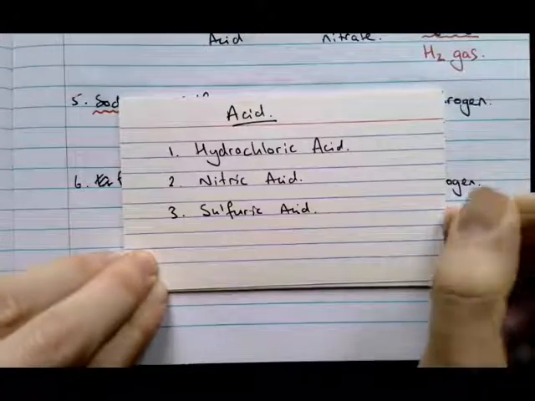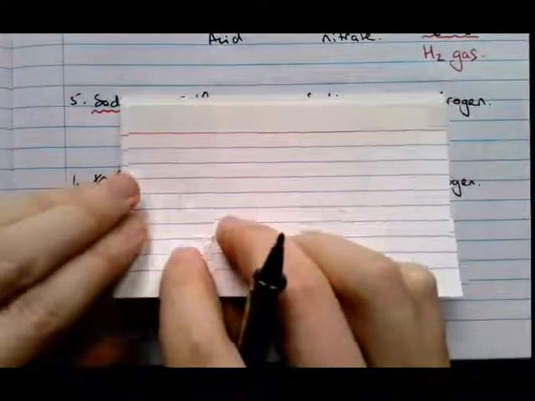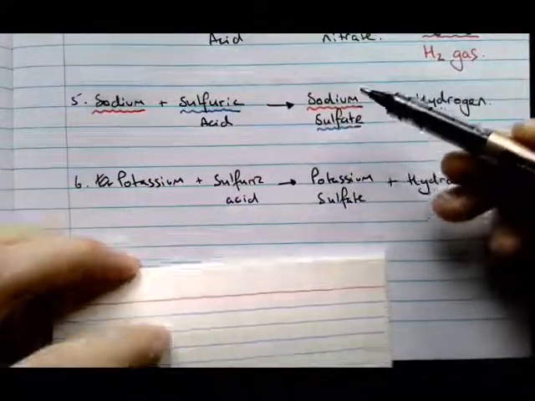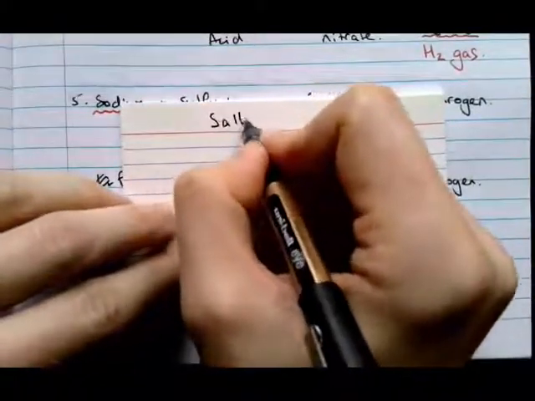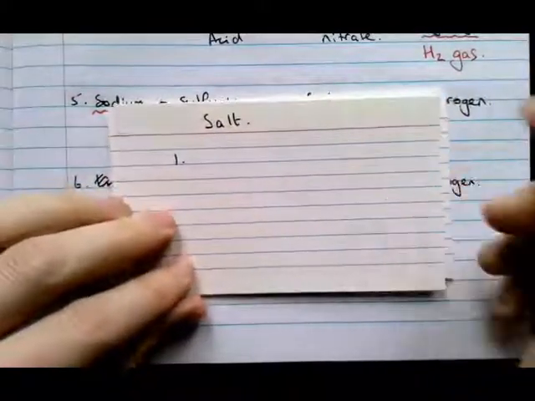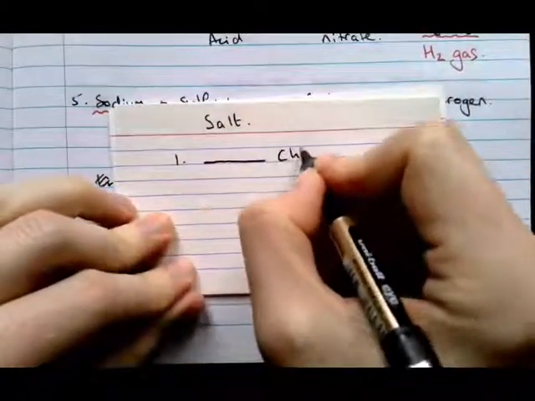And then we can write out on the other side what kind of salt we get. So the salt was this thing here, the ionic compound with the metal and the non-metal. Our first acid was hydrochloric acid, so the salt was a something chloride.